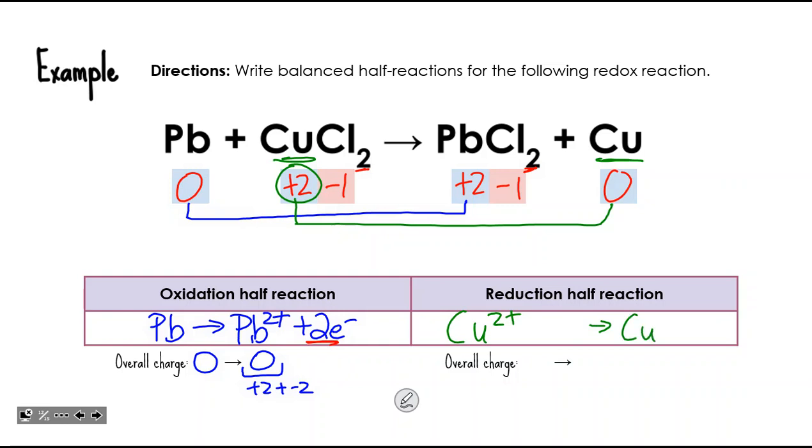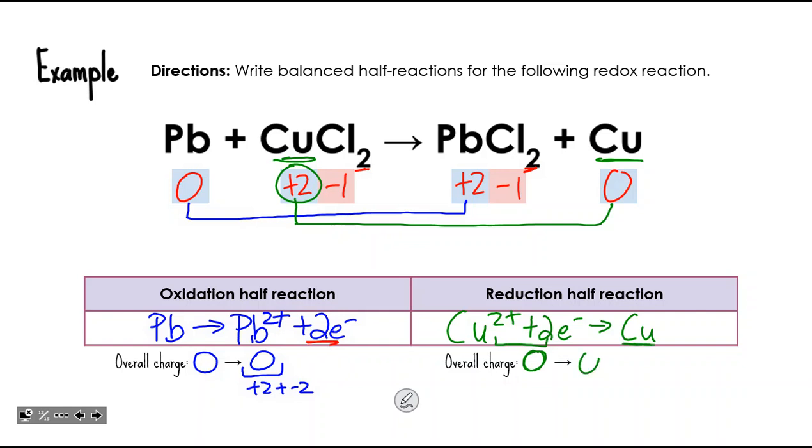So to make this add up correctly, where do we need to put our electrons? It took 2 electrons to be given away from lead, so now we need to put them on the reactant side, good. So we're going to put the 2 electrons here. So this now adds up to 0.